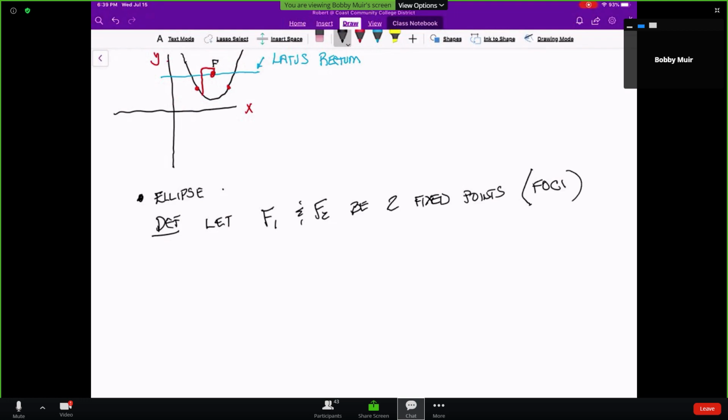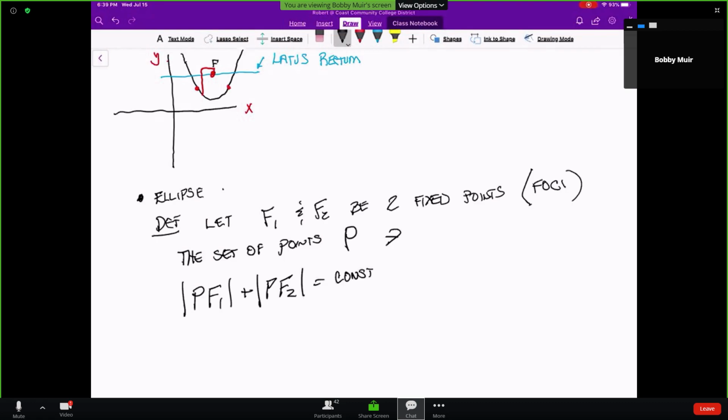All right. So the set of points P such that the sum of these two distances is equal to a constant is called an ellipse. Okay.